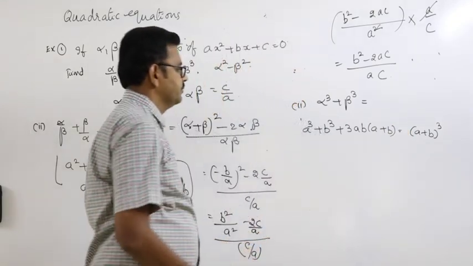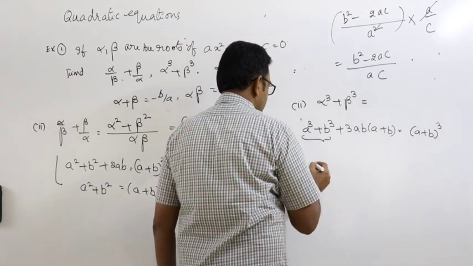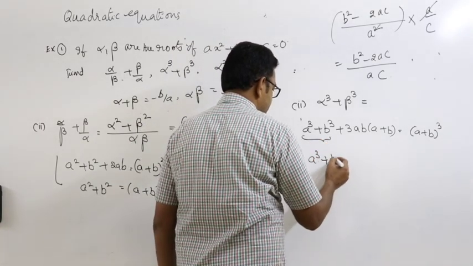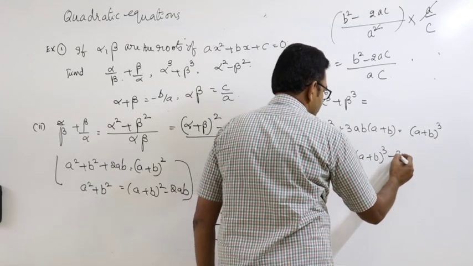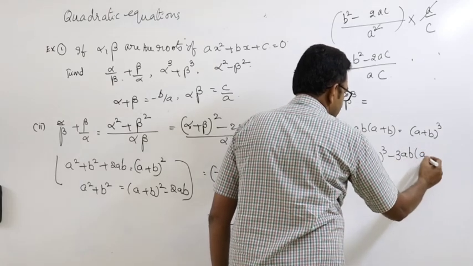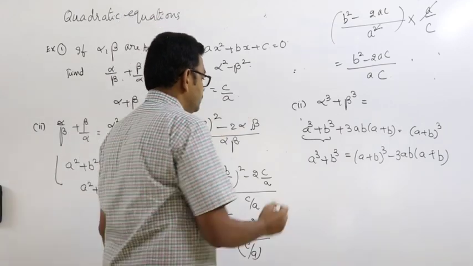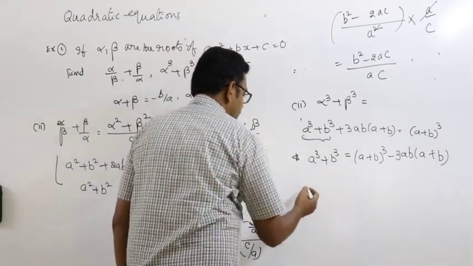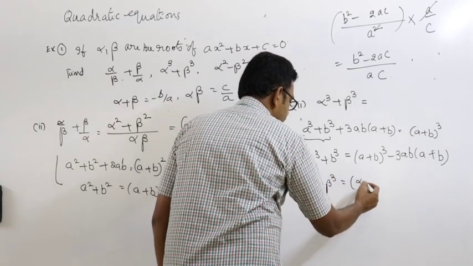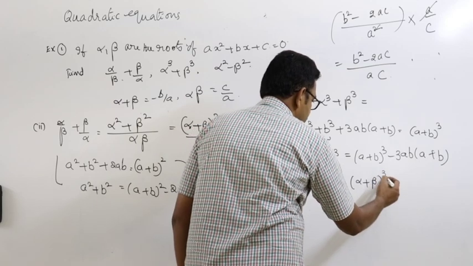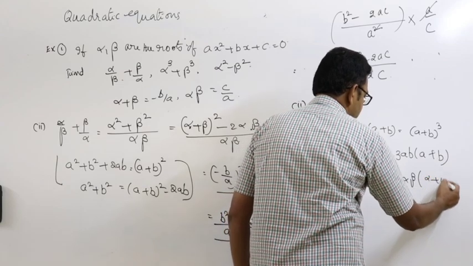From this, a cube plus b cube is equal to a plus b whole cube minus 3ab into a plus b. So by using this, alpha cube plus beta cube is equal to alpha plus beta whole cube minus 3 alpha beta into alpha plus beta.